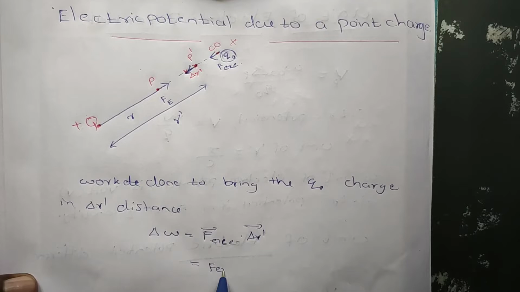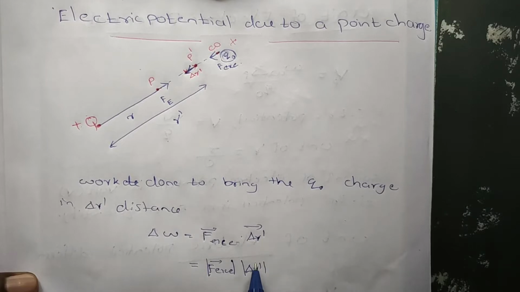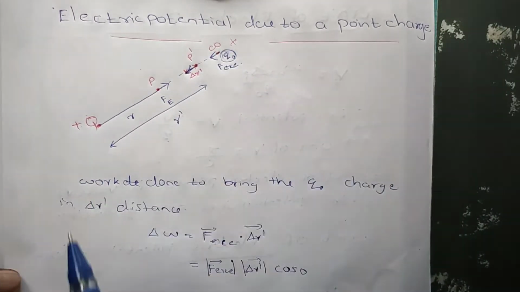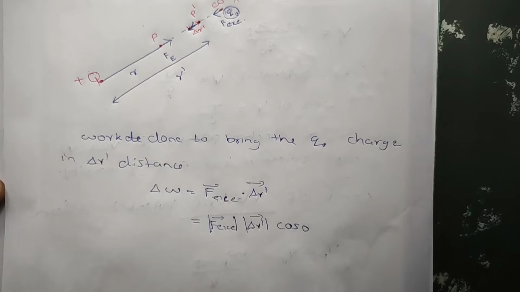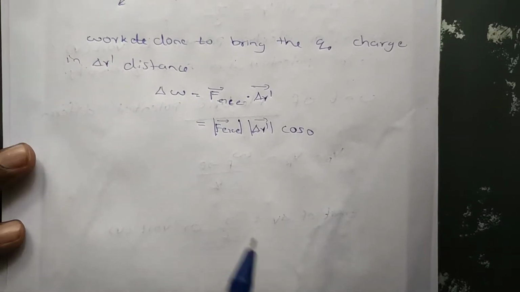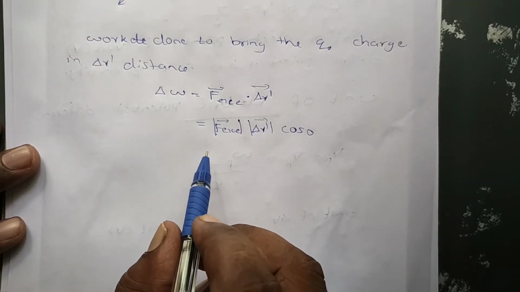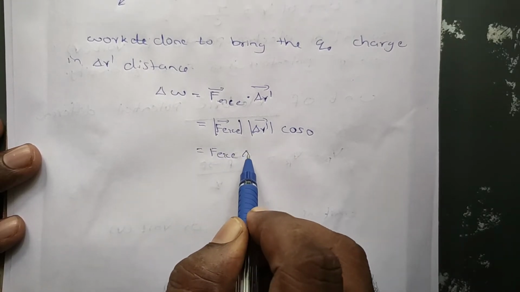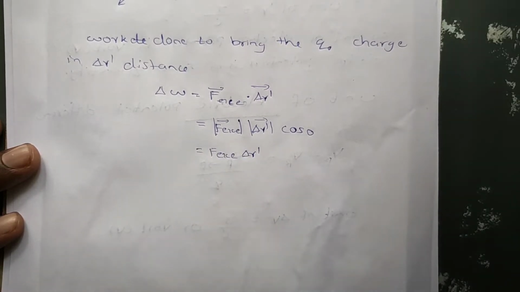So modulus of F external into delta r dash cos theta, dot product. Cos theta here is 0, because delta r dash and F external are in the same direction. So this modulus F external I am simply writing as F external. So we can write F external into delta r dash.